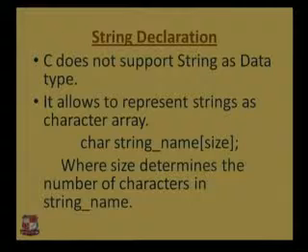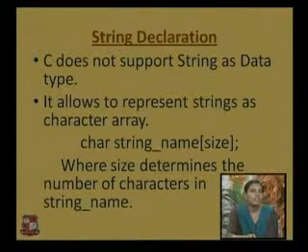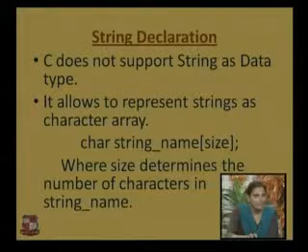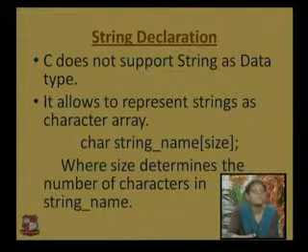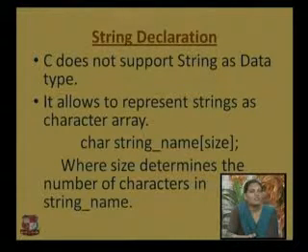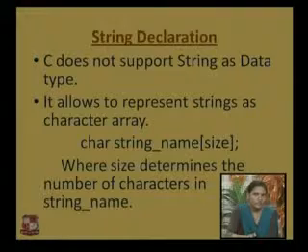Okay, so this is the declaration through which we can represent our string. Here char is the data type of C, this is the size of the character array, and this is the string name that the user gives to that particular string.